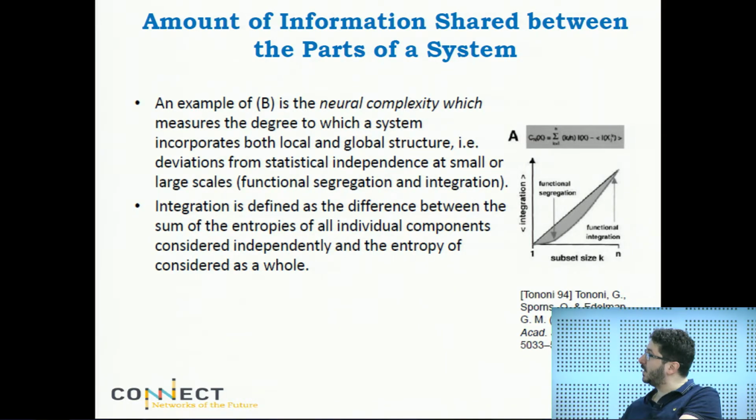Essentially, how much you deviate from statistical independence at small or large scale. What I mean is, in a system that is not complex, the measure of information would be proportional to the number of entities. If I have fewer entities or a larger amount of entities, I should see a line, because they are all going to contribute equally to the system, okay?